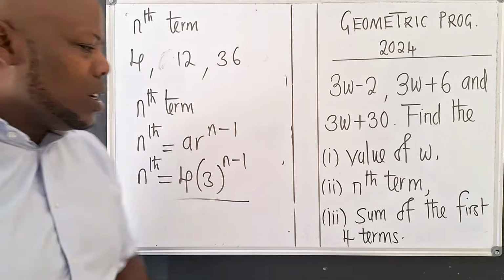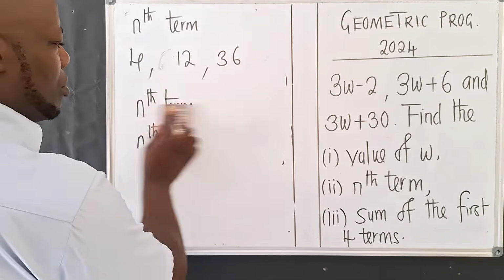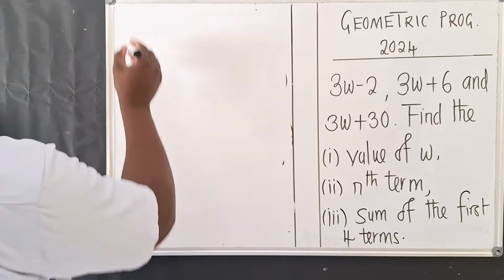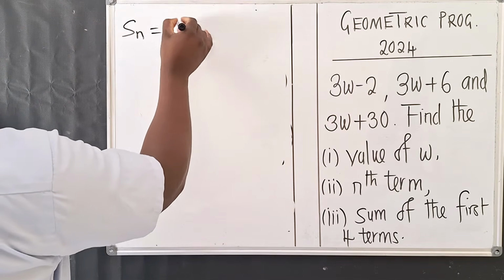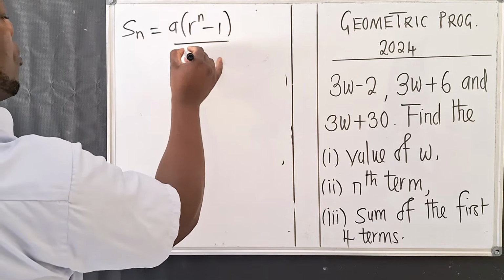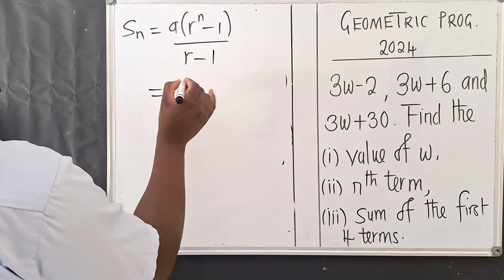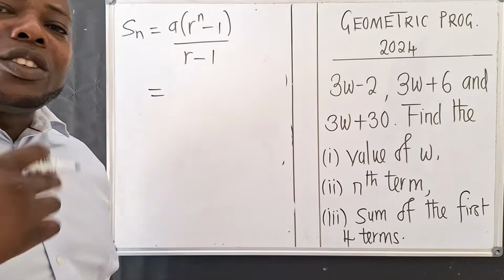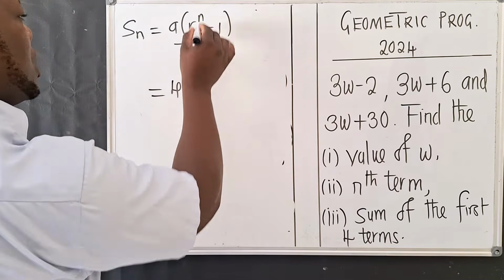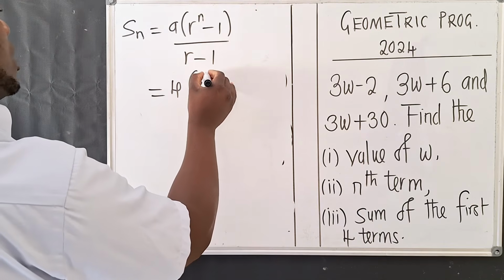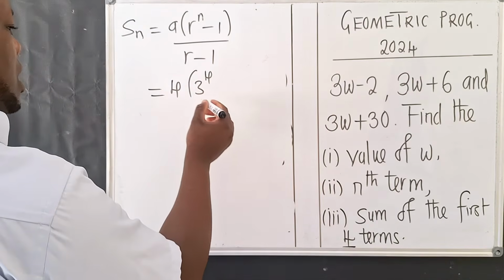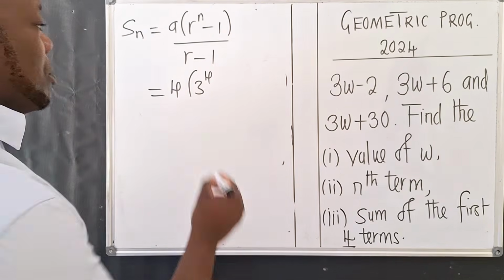We go to the last question. We need to find the sum of the first 4 terms. So that sum is equal to a, open bracket, r to the power n minus 1, over r minus 1. Our a, the first term, is 4. Our r is 3. The power here is 4 because we're finding the sum of the first 4 terms.